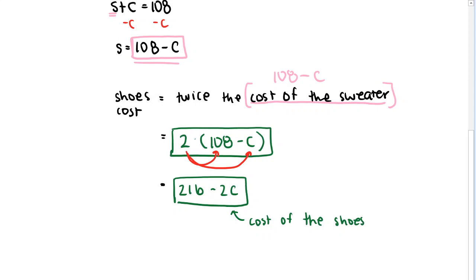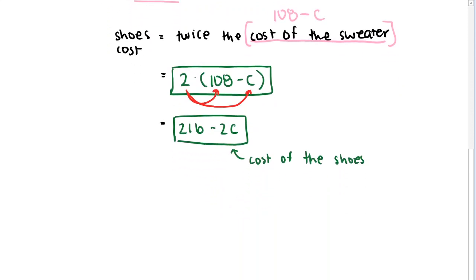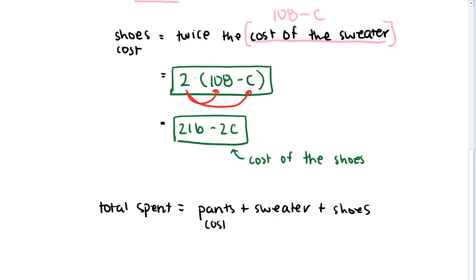And the last thing we're asked to write an expression for and simplify is the total amount Risa spent. So Risa bought, and so total spent, well, she bought pants plus the sweater plus the shoes, right? At least the cost of these things.